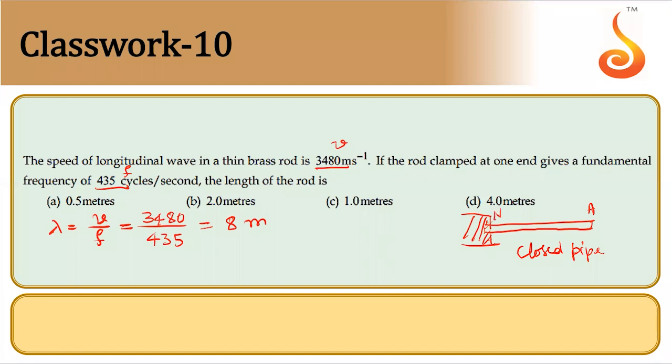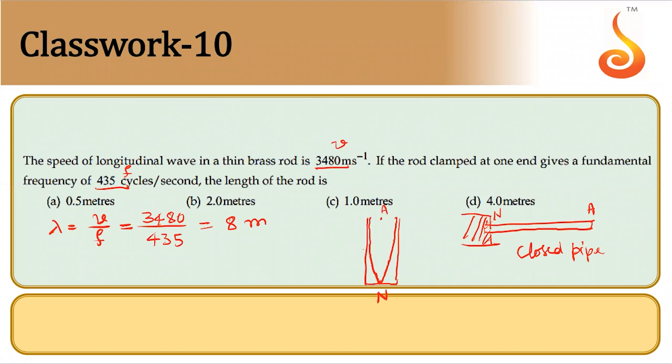So fundamental frequency means vibration should be this way, right? So waveform, if I draw for a closed pipe, for fundamental frequency, there must be one node here, one antinode here. So waveform should be this way. So this is node, this is antinode.